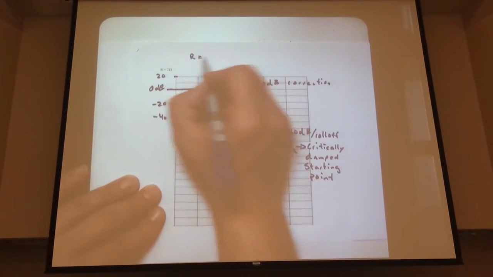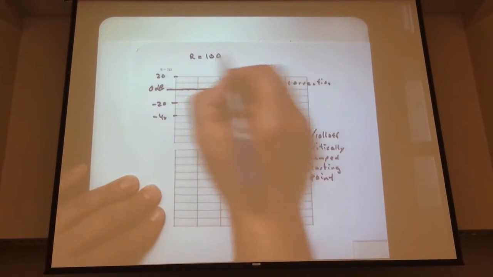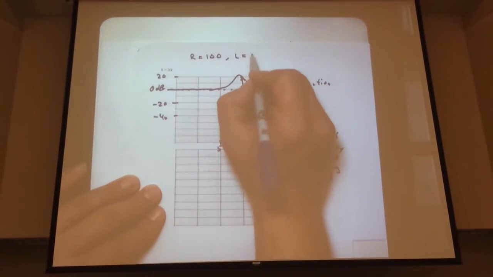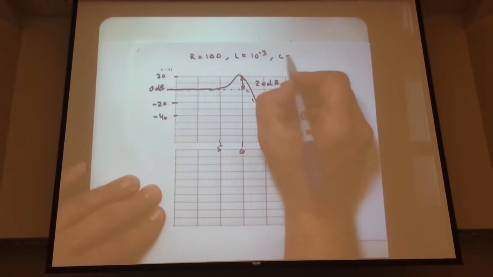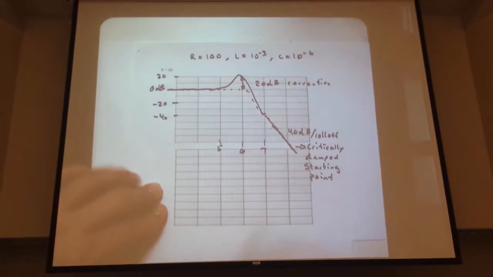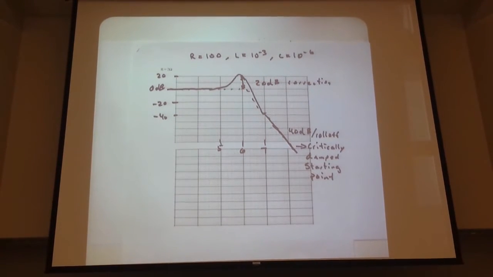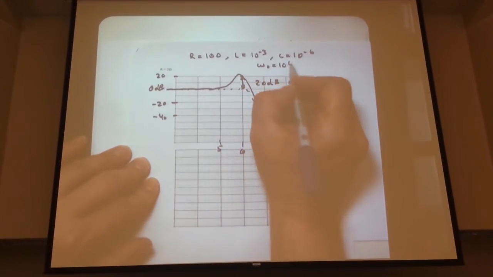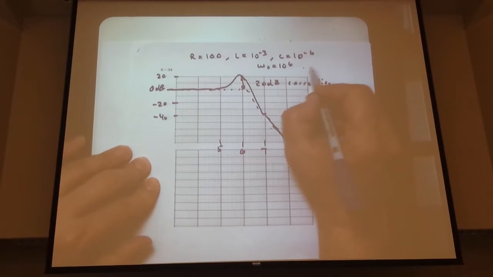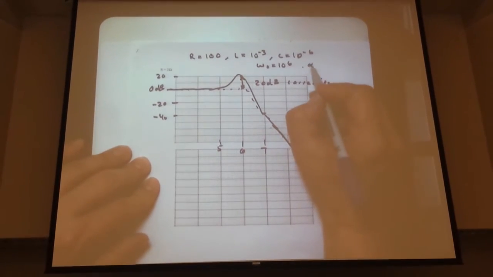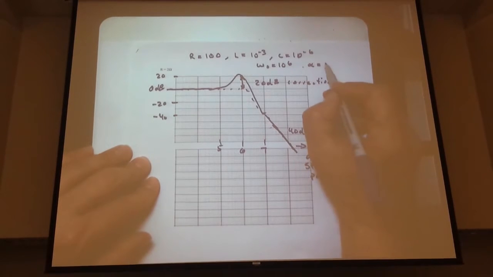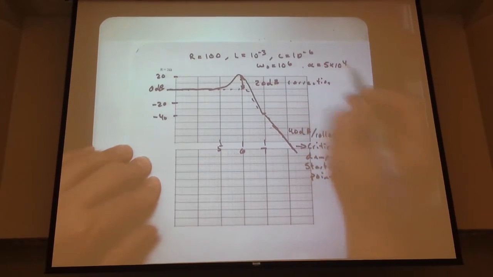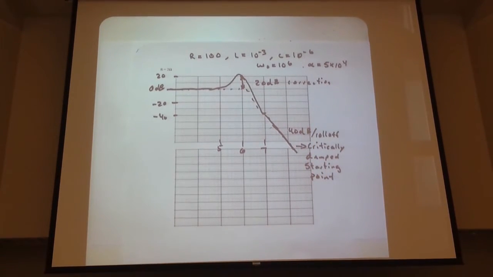So R was 100, L was 10 to the minus 3, C was 10 to the minus 6. Well, in this case, we found omega naught was 10 to the 6, and alpha was 5 times 10 to the 4.